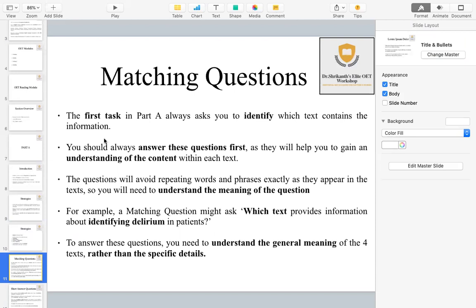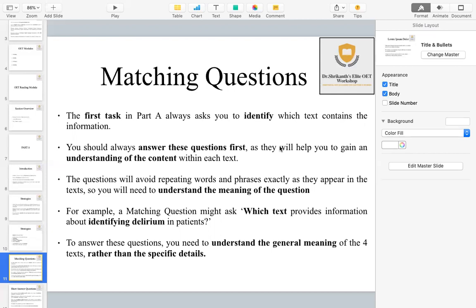Since this is the very first task in part A, it will ask you to identify which text contains the following information. There will be a list of questions in matching question types. What you have to do is identify where specifically the information given in the question statement is, in which paragraph.